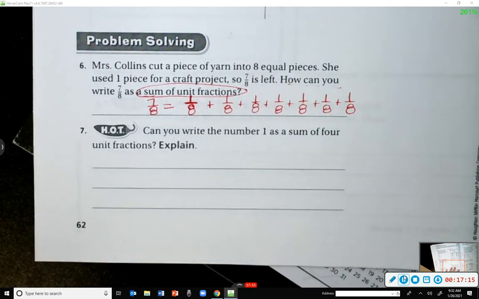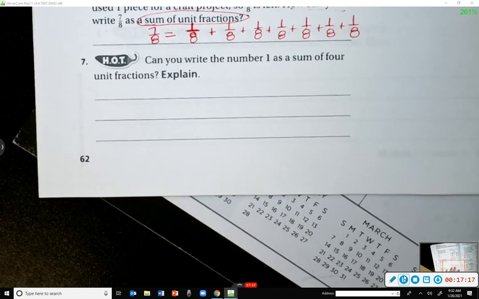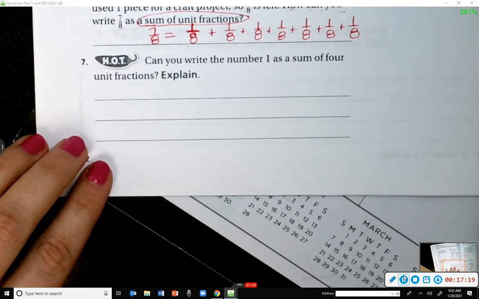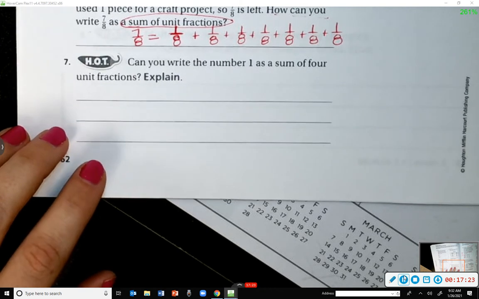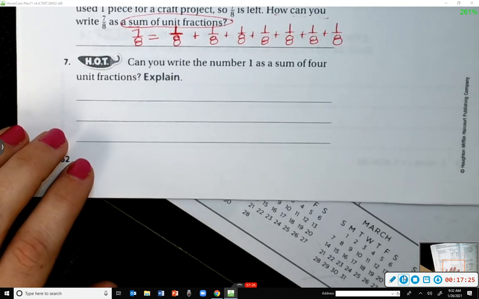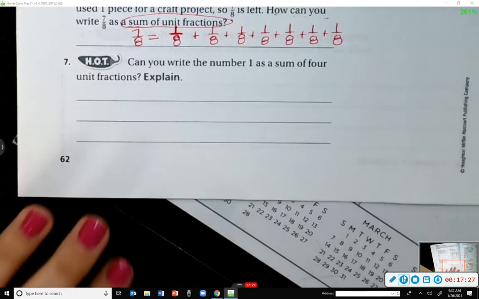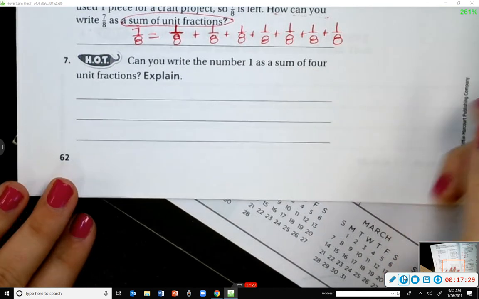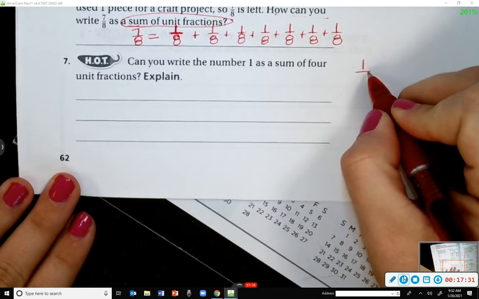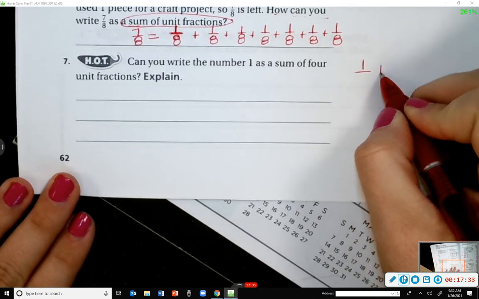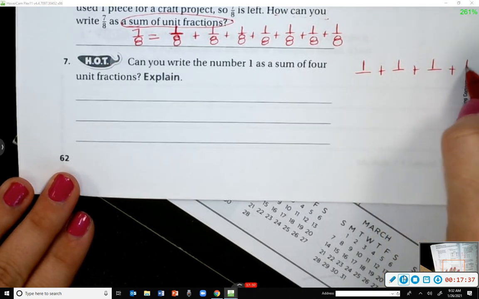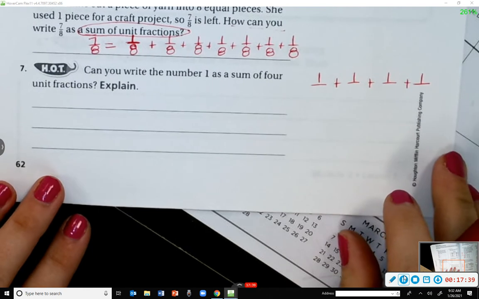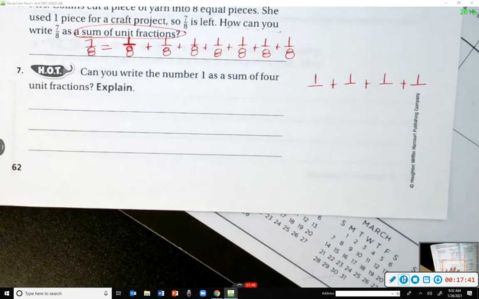Okay? Number 7. Can you write the number 1 as a sum of 4 unit fractions? Okay, so let's think about that. If I need 4 unit fractions, that means 1 needs to be on top. But what would be my denominator?